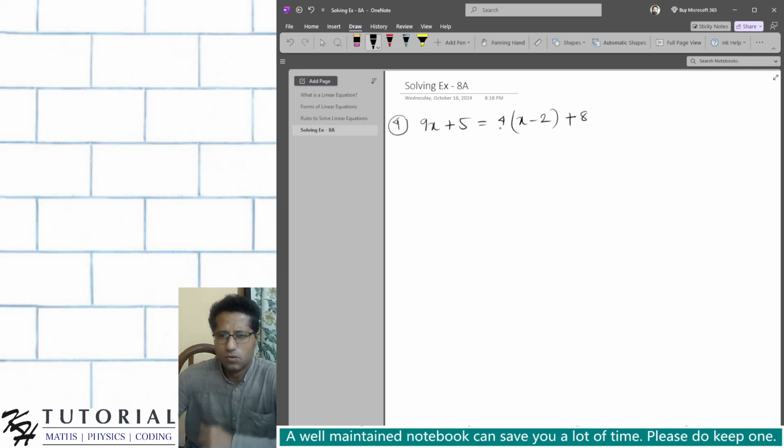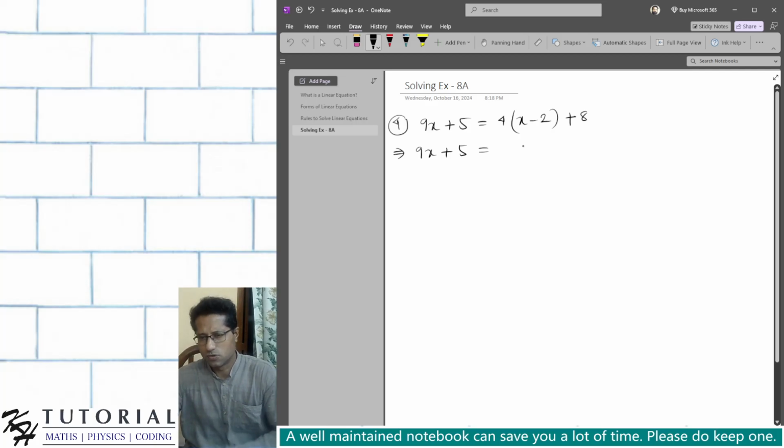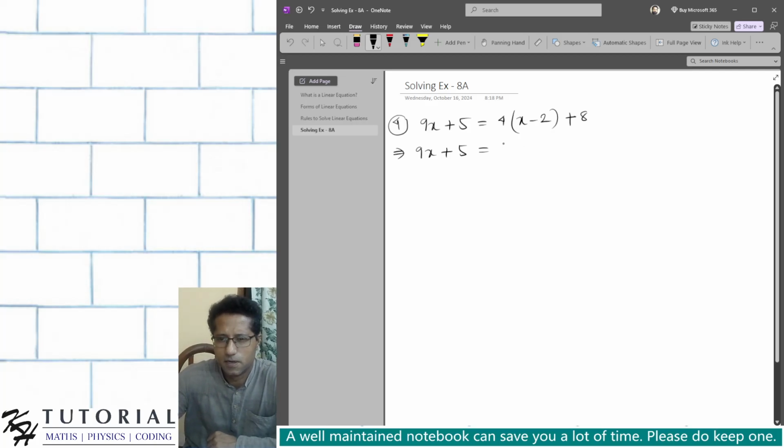First of all, we would like to do the products, that is 4 into x minus 2, and open the brackets. So this will become 4x minus 8 plus 8. So this implies 9x plus 5 is equal to minus 8 plus 8 cancels out. We have 4x.